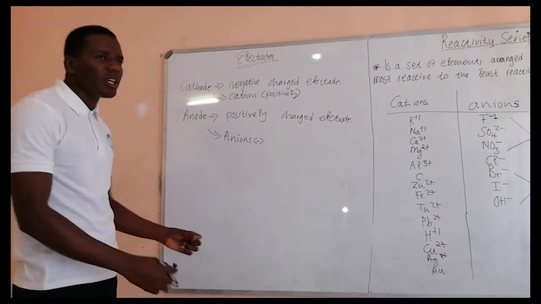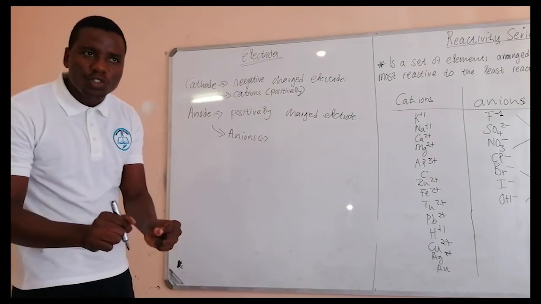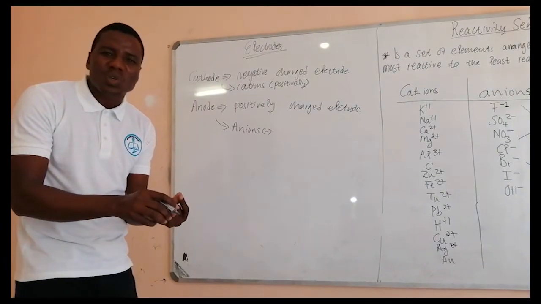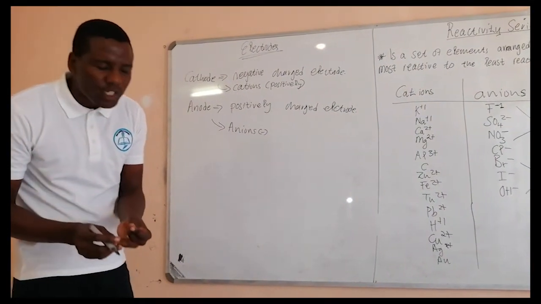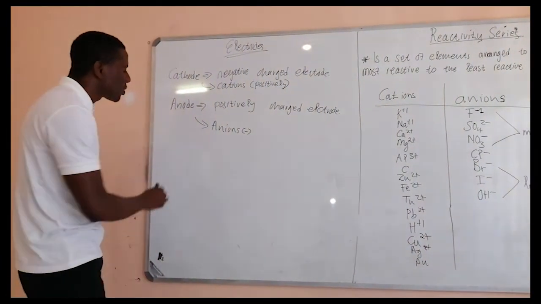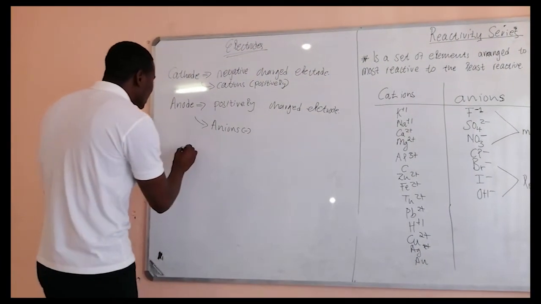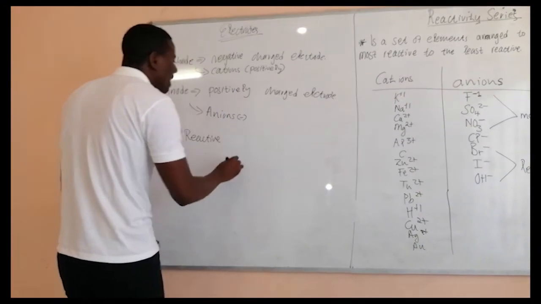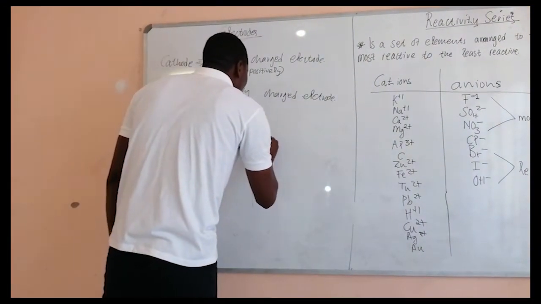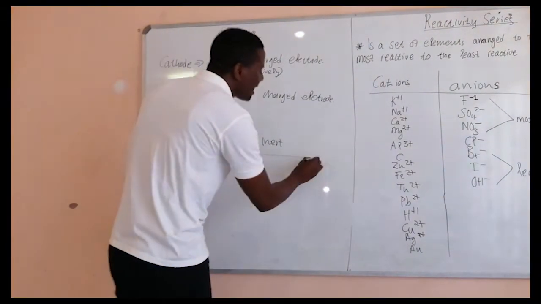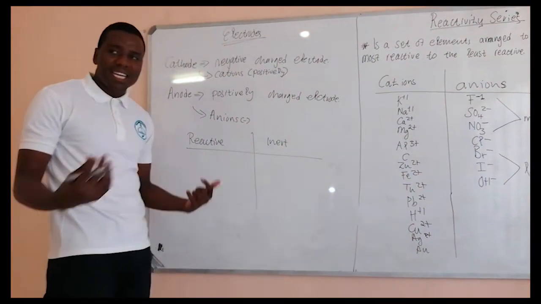Now, let's talk about the two different kinds of electrodes that we have. I said we have the reactive electrodes and the inert electrodes, or we can call them the unreactive electrodes. The word inert just means that they are unreactive.